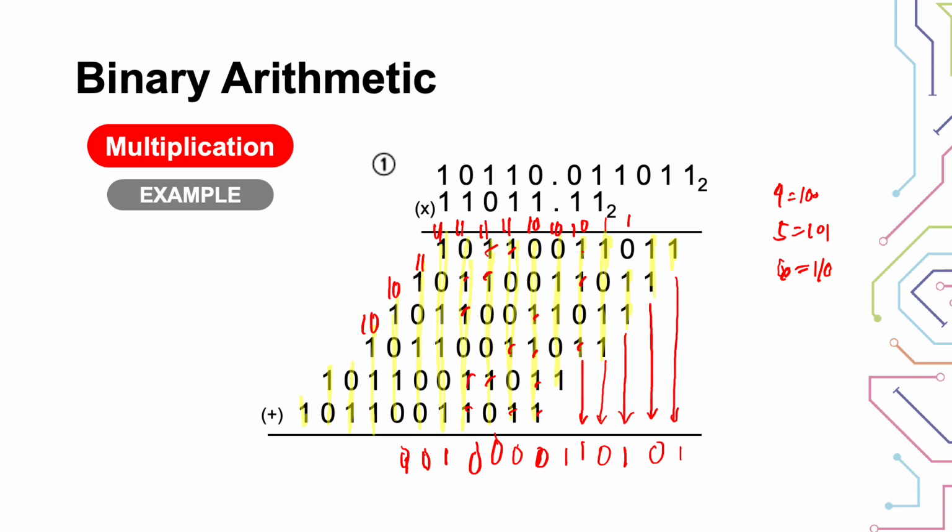Then 1, 0, 2, 3, 4, 5. So 0, 1, 0. 1 also. So this is 2, 3. This is 0, then 0, 1. Okay? It is that simple. So that is the process. But let us delete these first.